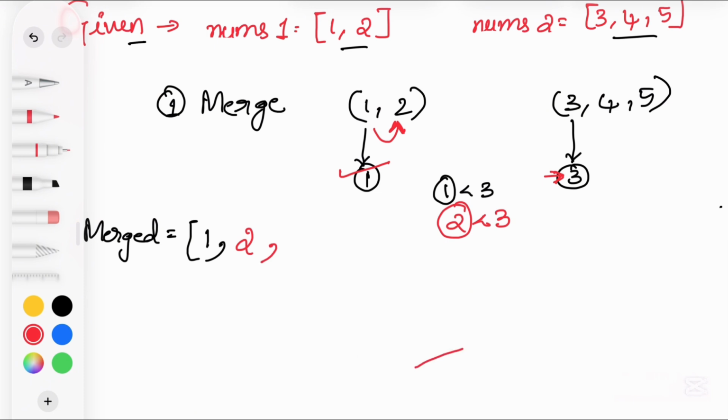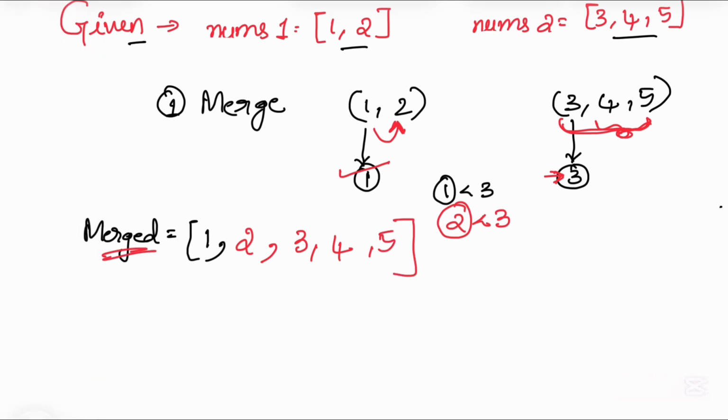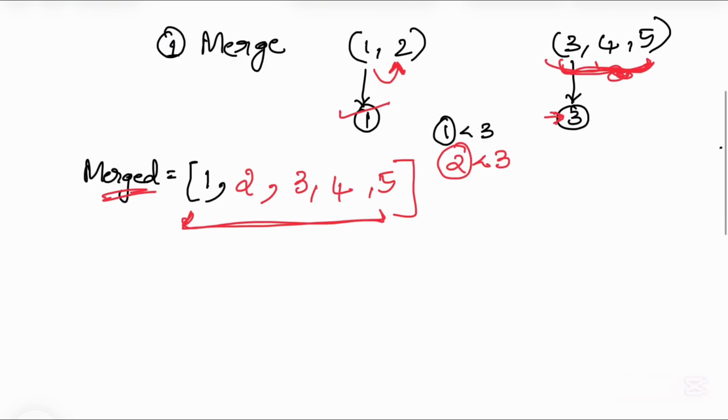Next, we have still 3 values remaining in this array. We'll just write these down in the merged array, because these are already sorted arrays, so it won't be an issue. See, we got a merged sorted array now.